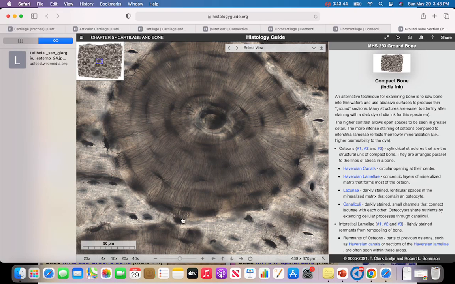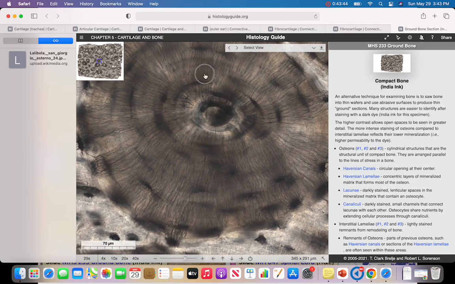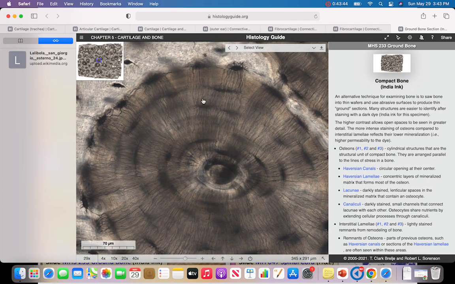Running from each lacuna, there are very thin canals known as canaliculi. These canaliculi allow communication between adjacent osteocytes. Osteocytes, as we'll see shortly, have several cytoplasmic extensions, several cellular processes.